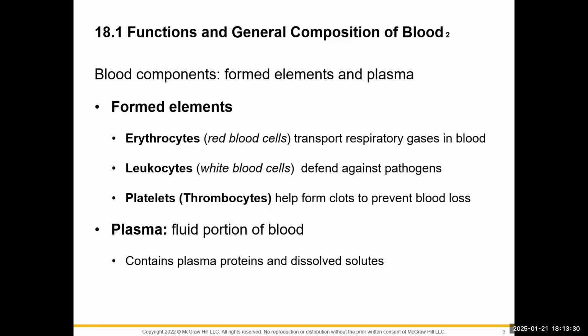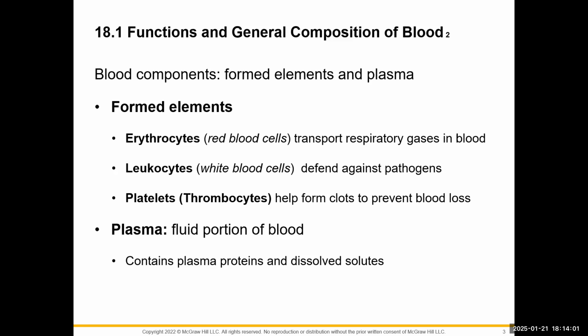Leukocytes, which are our white blood cells, are the cells that protect us from microorganisms or pathogens, viruses, bacteria, and whatnot. And so the white blood cells help to mount the immune response. And then we have our platelets, also known as thrombocytes. These structures help with the clotting process for the blood, and so essentially they prevent blood loss.